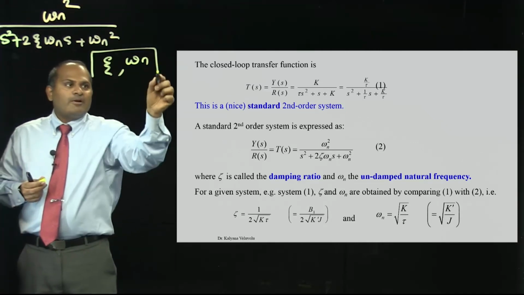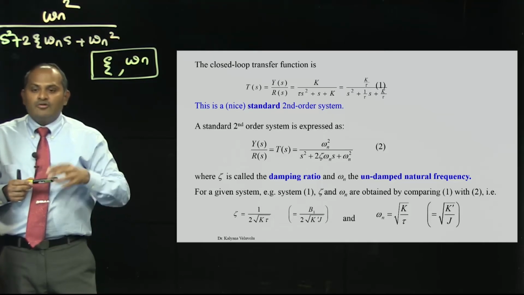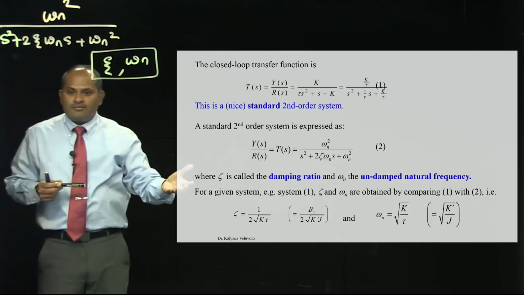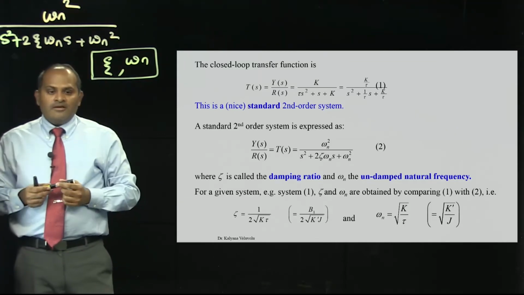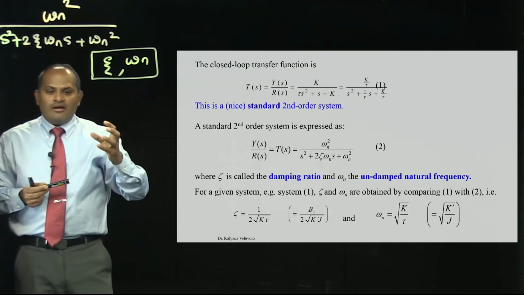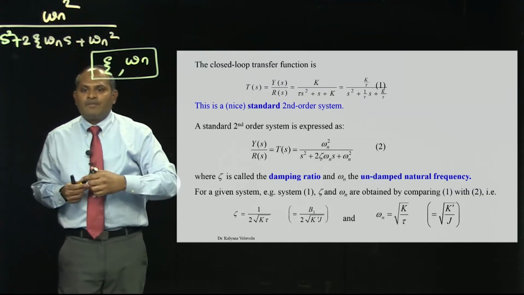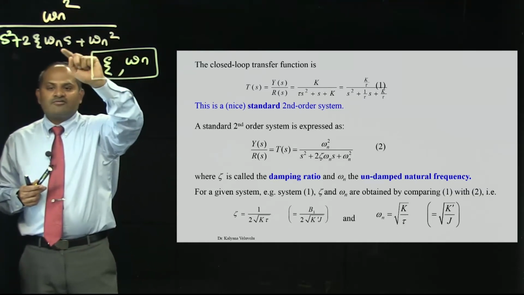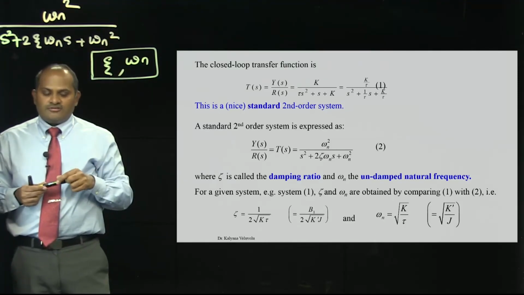So, these parameters define a system. If you know eta and omega n of any system, we have the system model and the system transfer function. So, eta and omega n define the characteristics of the system. In the same way, the denominator s square plus 2 eta omega n s plus omega n square is also called the characteristic equation.